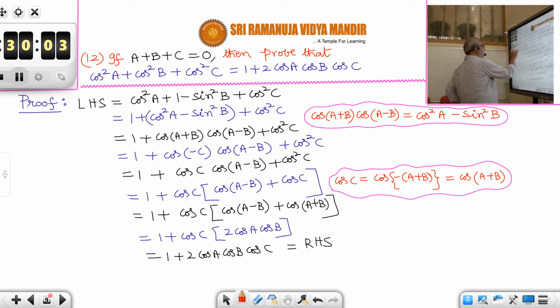Okay, I take the left hand side. Cos square a I am writing as it is, but cos square b I am writing as 1 minus sin square b, plus cos square c as it is. So this 1 will go forward. I will get cos square a minus sin square b, plus cos square c will be waiting.